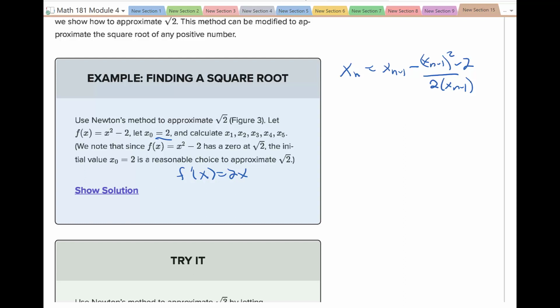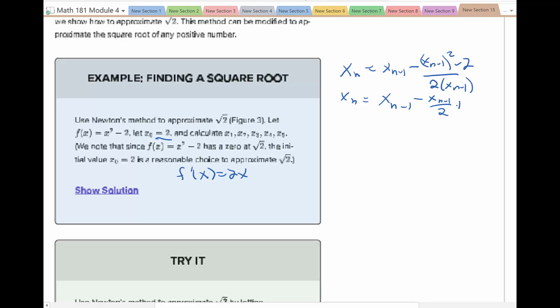If we divide each term in the numerator, you don't need to do this, but this is one way to make it a little easier: x sub n minus 1 minus x sub n minus 1 over 2. Then a double negative, so plus 2 over 2 makes it just 1 on top, 1 over x sub n minus 1. Anyway, so you can do that.